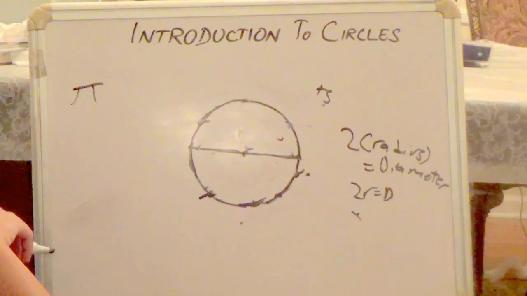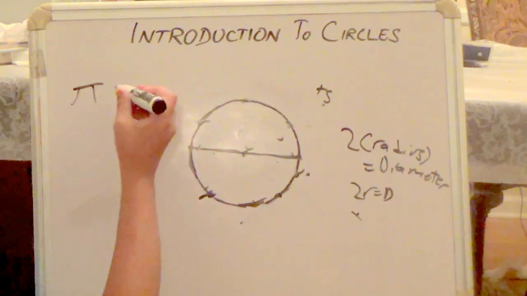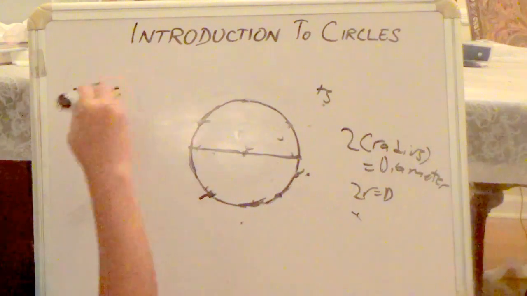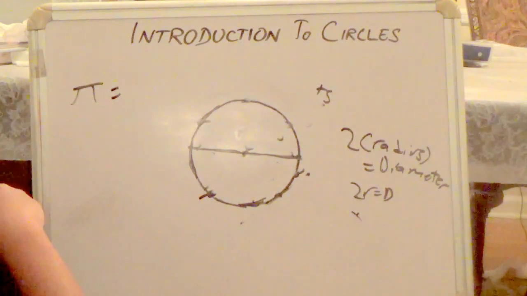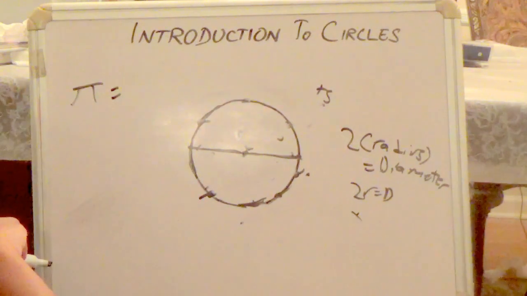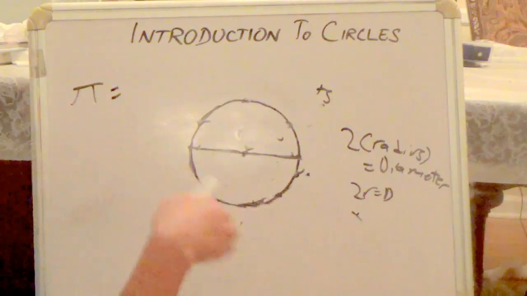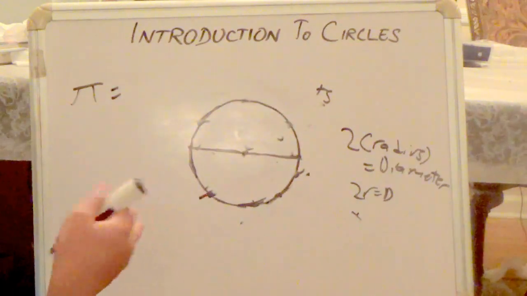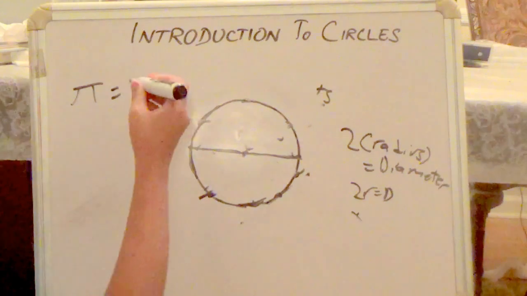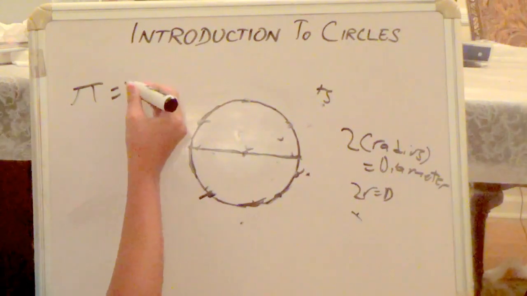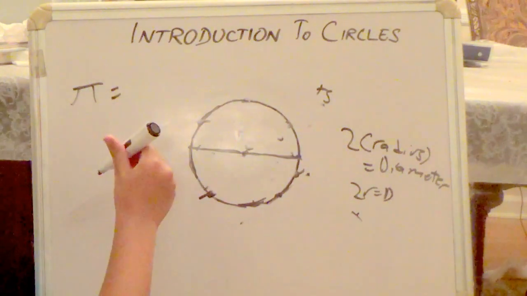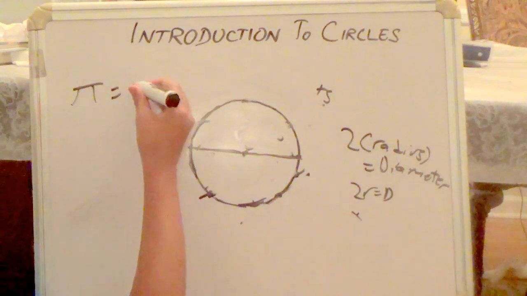Well, pi is a Greek letter that represents a number. That number is irrational, meaning that it comprises random digits that go on forever and never ends. Okay, so pi is an irrational number, meaning that it never ends.